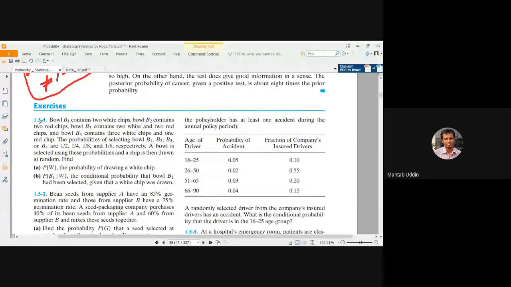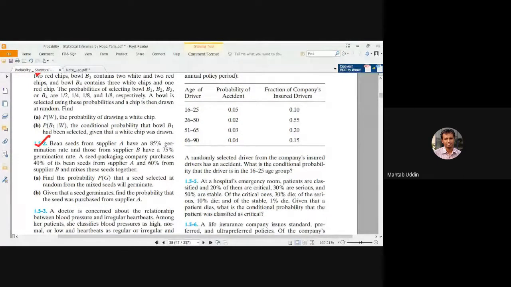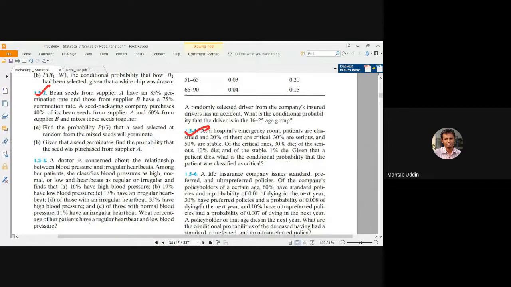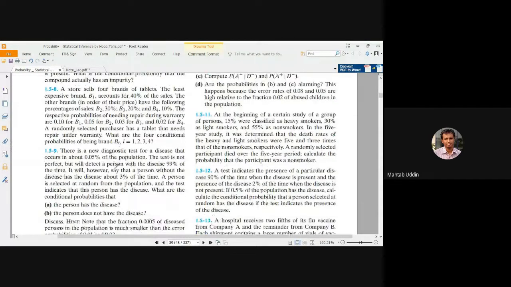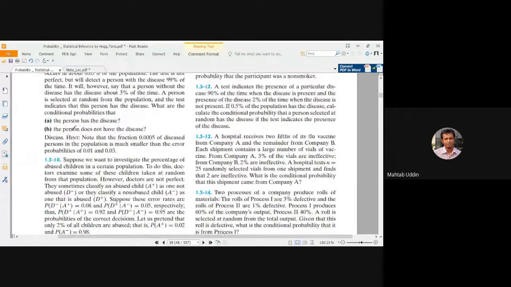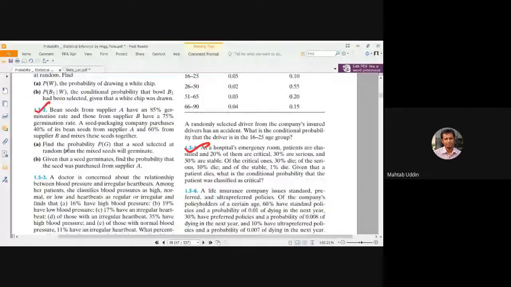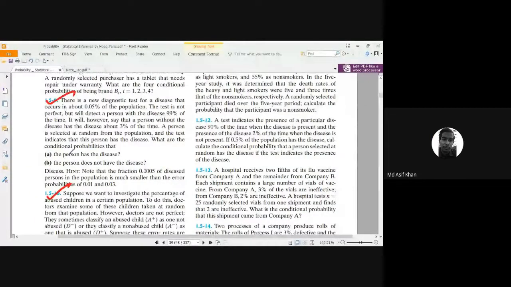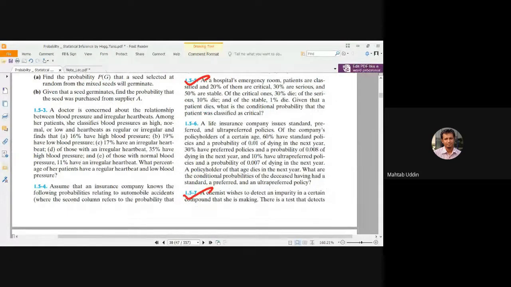From this chapter we'll do 1, 2, 5, 7, 9, 10. How many problems is that? One, two, three, four, five, six. Some problems will match the examples, and I will avoid those, and the ones that don't match I will do. Like number 1, which is exactly like example 1.